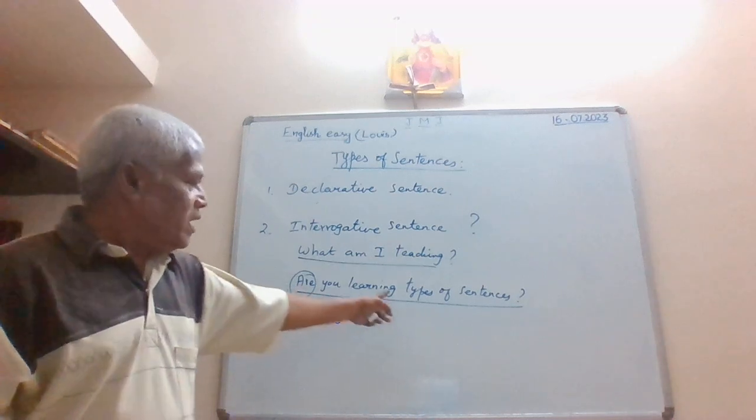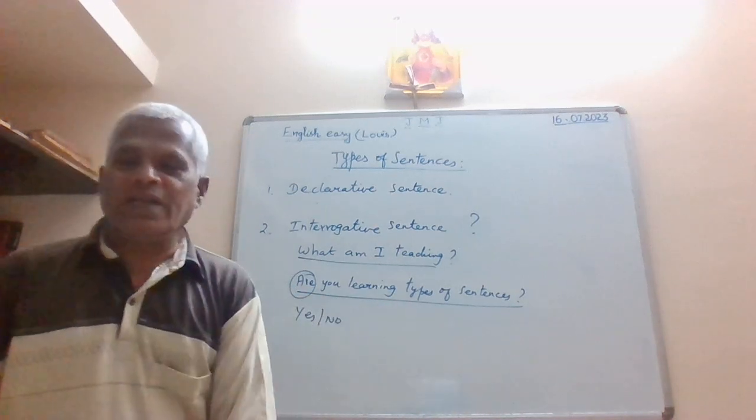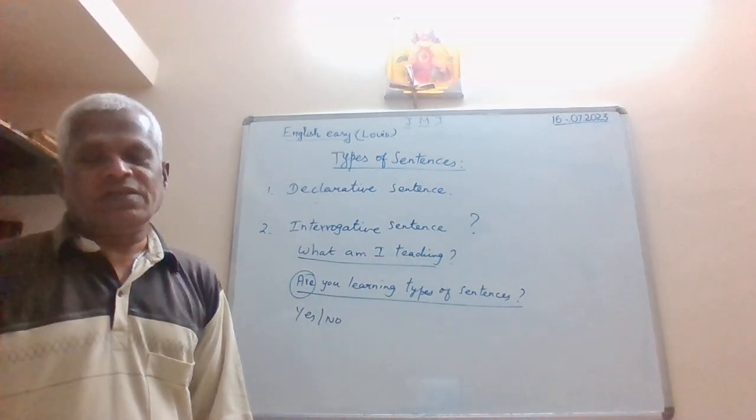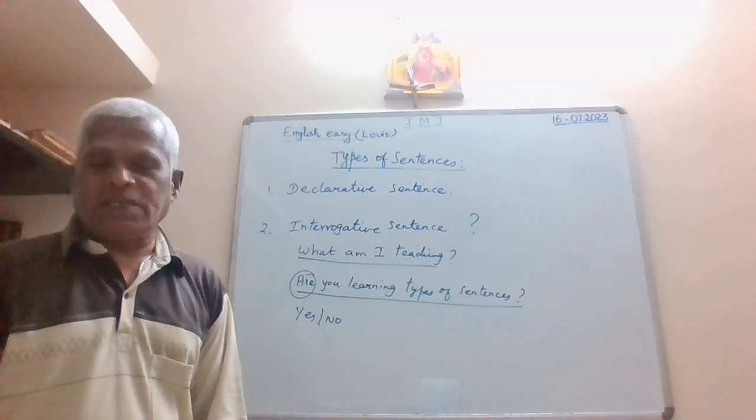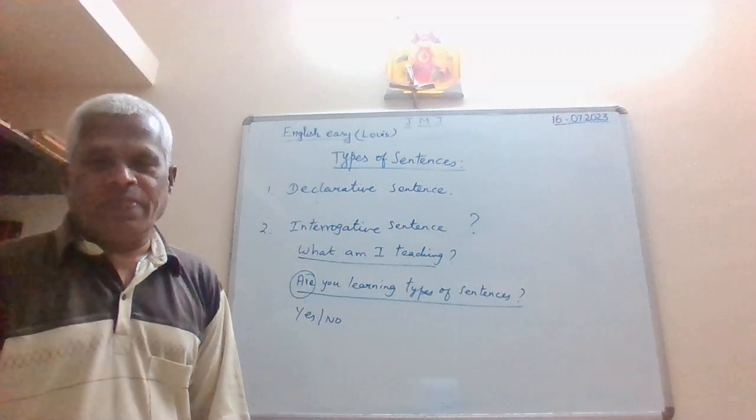Now, when I ask you, are you learning types of sentences, your answer could be yes, we are learning types of sentences, or no, we are not learning types of sentences. As simple as that.